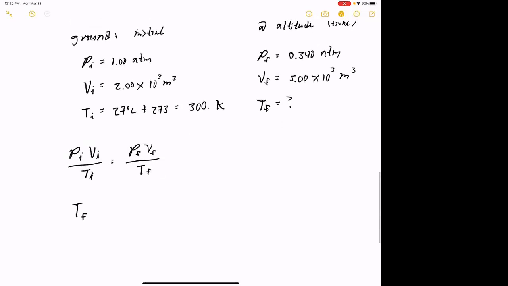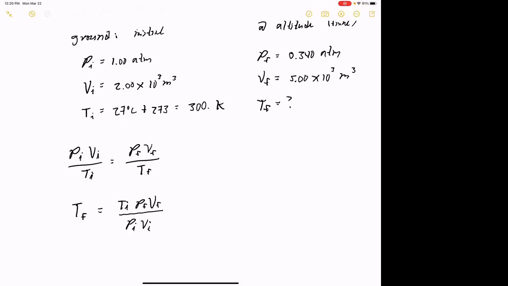Make sure you can do this on your own. So T final equals T initial times P final times V final divided by P initial and V initial. Make sure you can rearrange the equation to get to that.